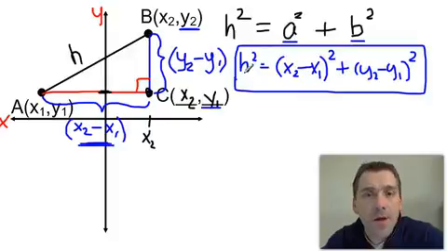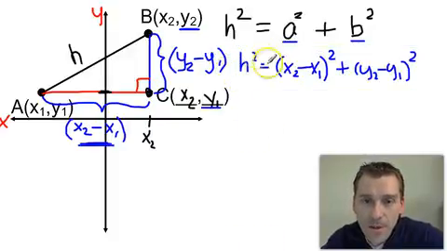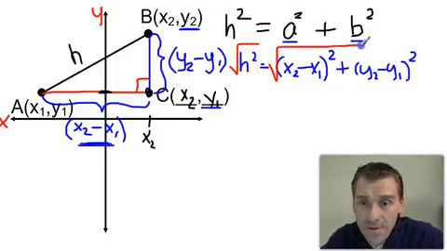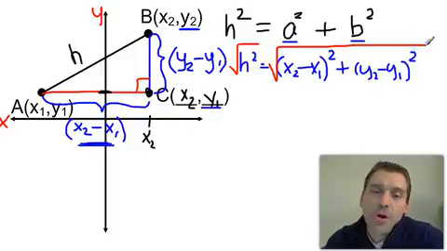We have to do what? That's right, take the square root. We have to take the square root of this to undo the square, and I have to take the square root of that whole thing. So what does that give us? Well, first of all, these cancel out.